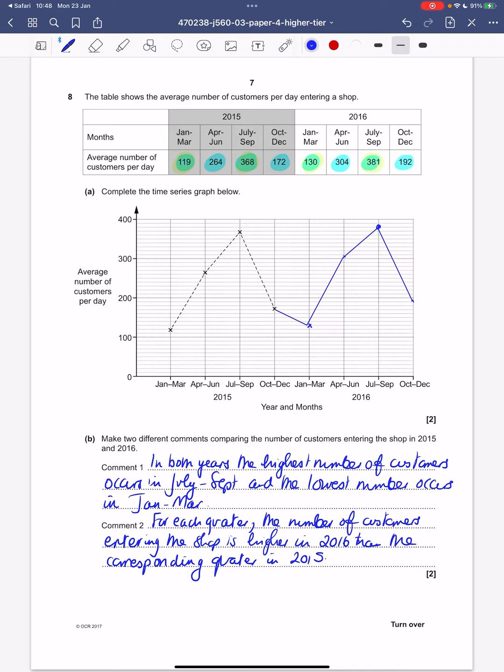So I've done the highest and lowest, and then I've compared across. You just look at the numbers.